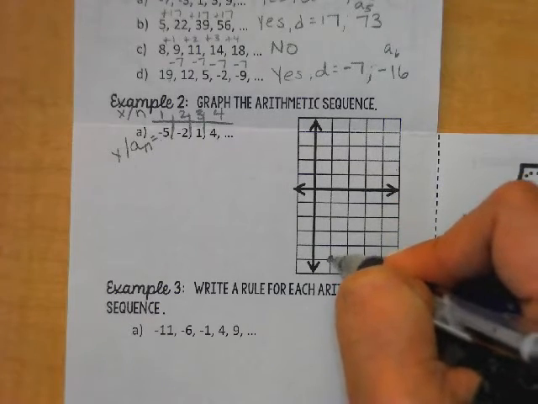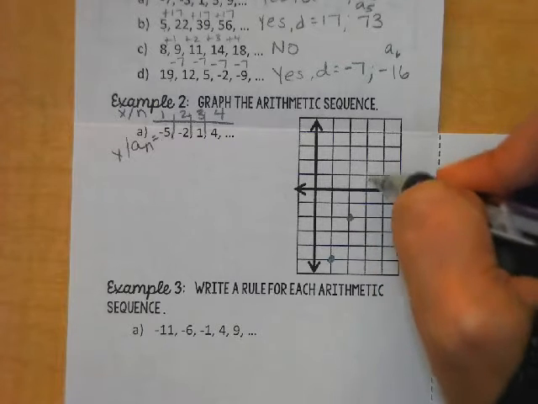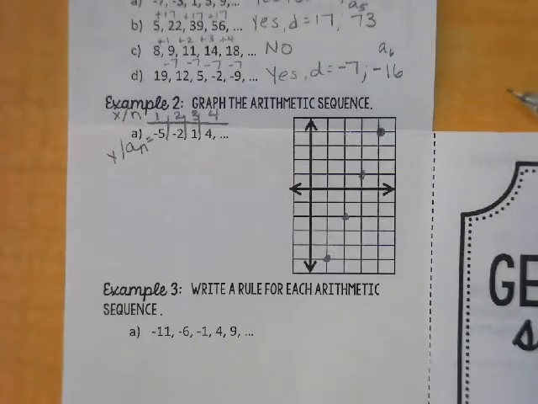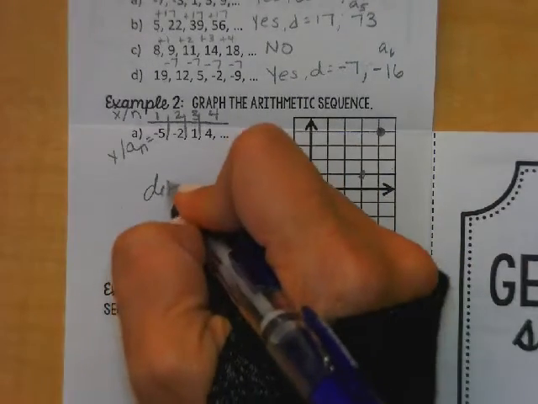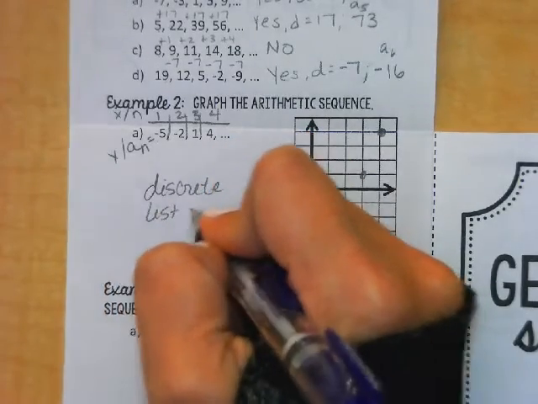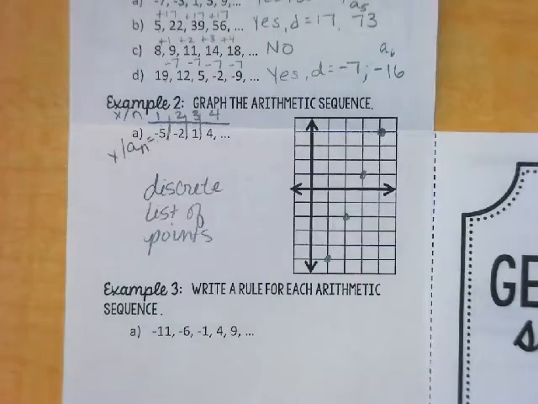No. So here's 1, -5. Here's 2, -2. 3, 1, and 4, 4. But we're not going to connect this. Why not? Why is it discrete? Very nice. We have a list of points. Good job. So we're not going to draw that line.